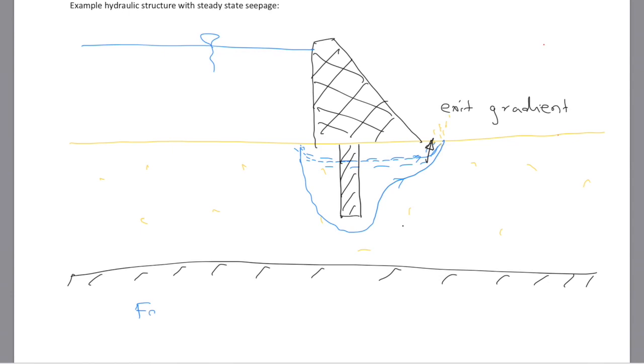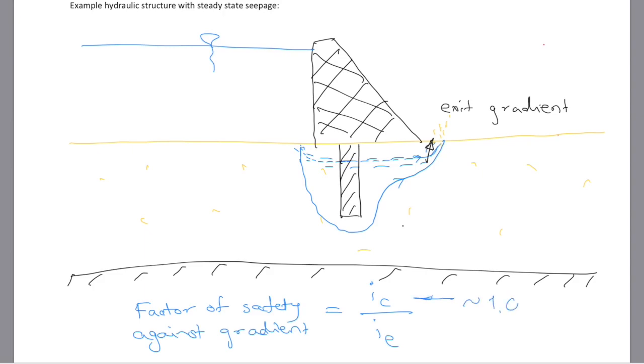So factor of safety against exit gradient is critical gradient of the soil divided by exit gradient, and your notes have additional information on critical gradient, which happens to be about 1.0. So that's why in order to maintain a factor of safety of about 4, which is preferred for a hydraulic structure, you need to make the exit gradient less than 0.25 or so. So that would be the goal.